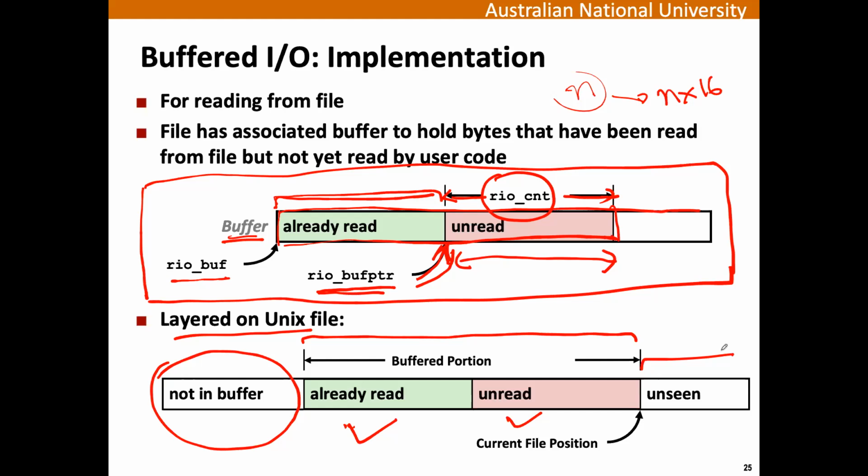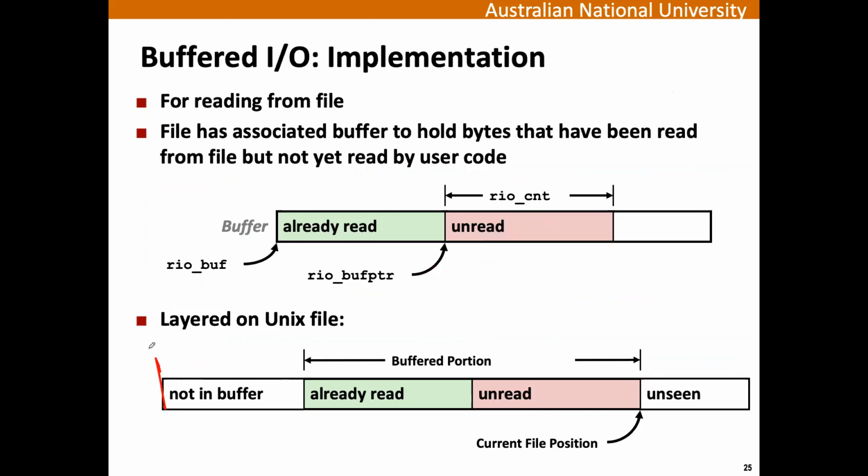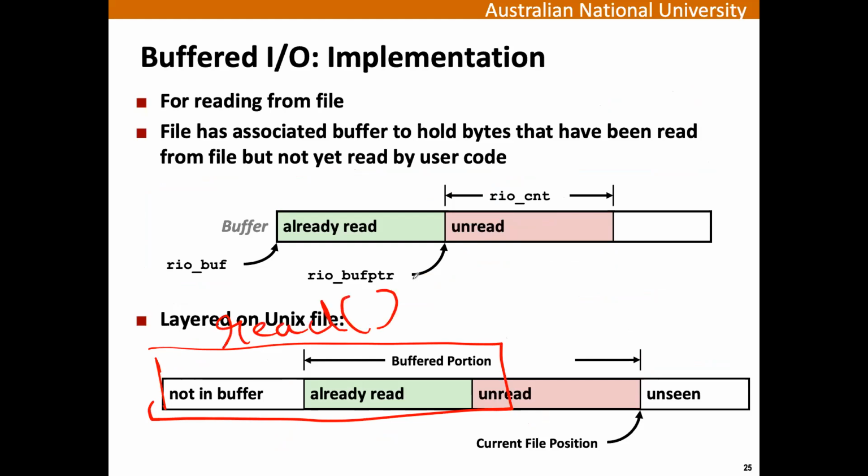So this is how you have a file on disk at the bottom, and you layer a buffer on top of it, and you try to read as many bytes as you can in one system call. You copy it here, and then you return to the programmer, let's say n bytes at a time, until you run out of bytes in the buffer, and then you make another system call.